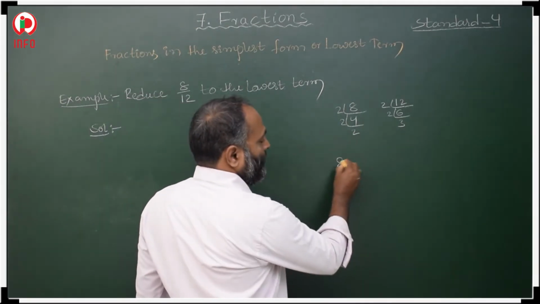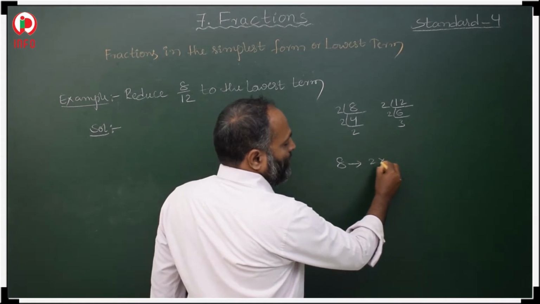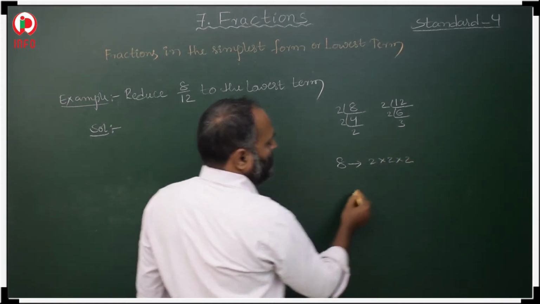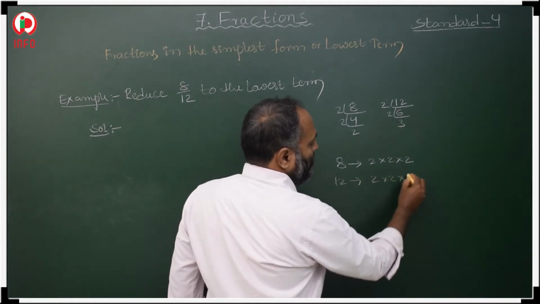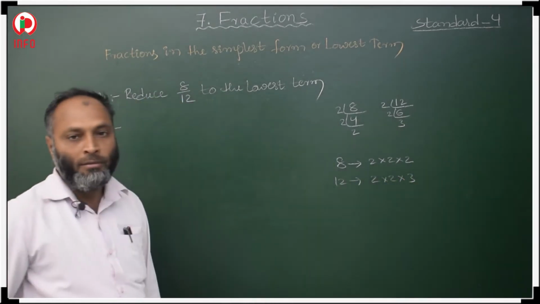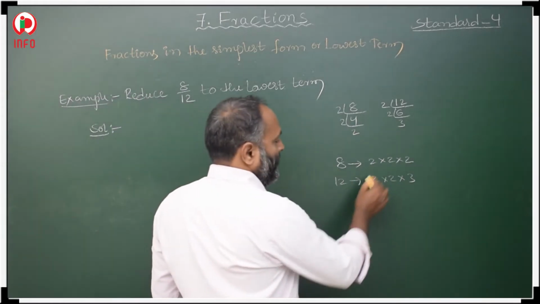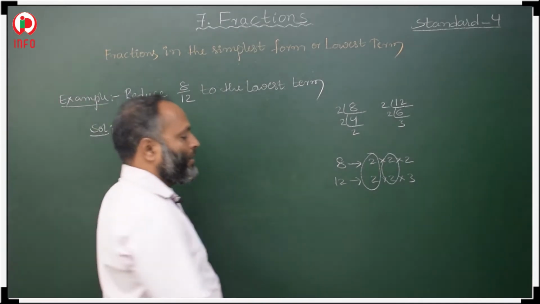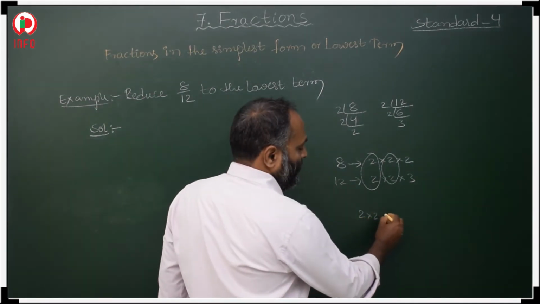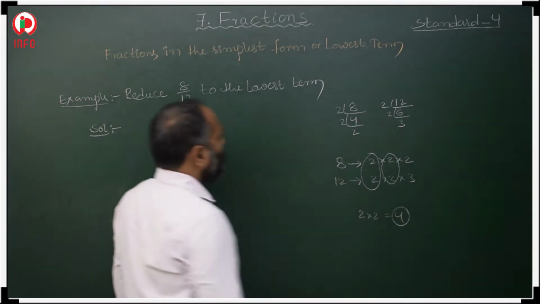Then how to take? 8 means 2 into 2 into 2. 12 means 2 into 2 into 3. Okay. In this 8 and 12, one 2 is common, another 2 is common. So we take 2 into 2, which is 4.